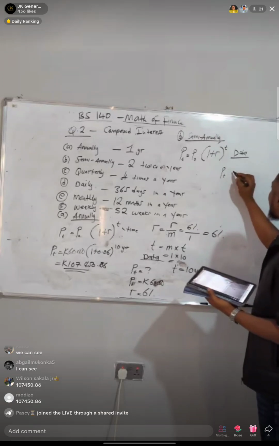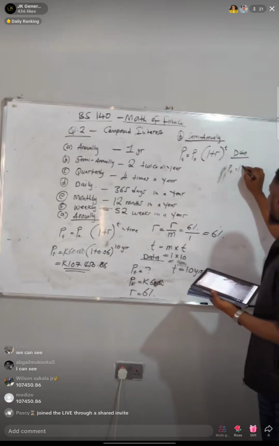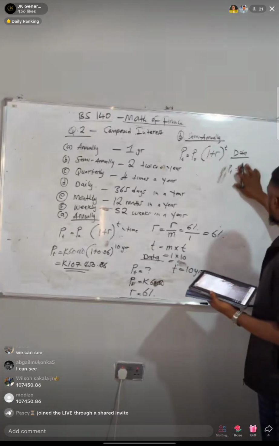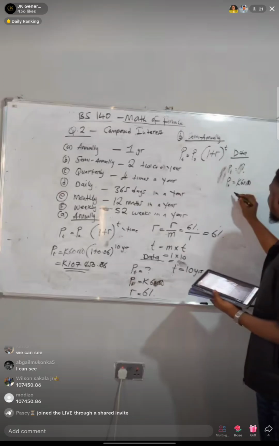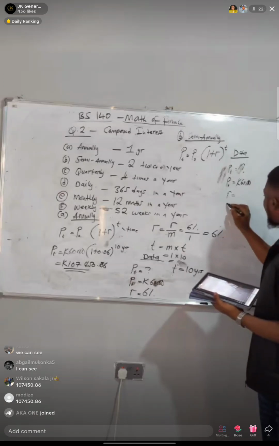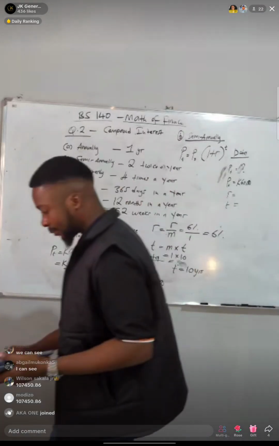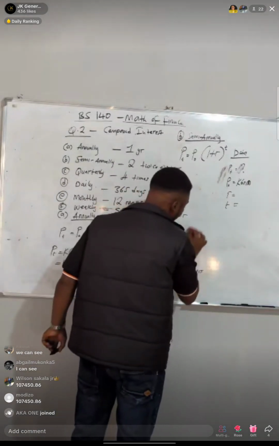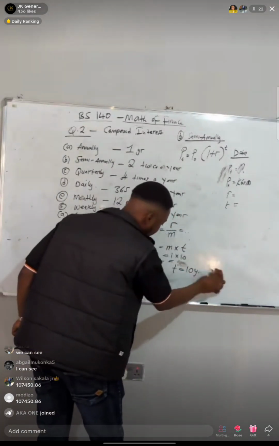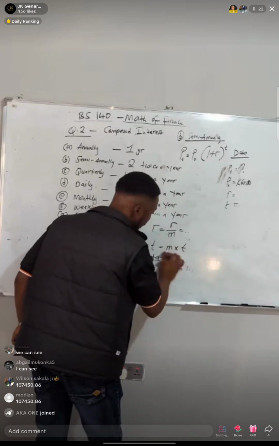So PT, our PT there, and you can get me. PO is the same 60,000. Our rate and our time will come here now. On this formula that I wrote, to make it easy, this is what we are going to be doing going forward.